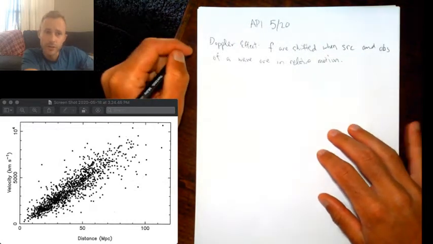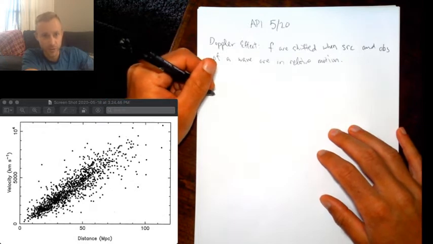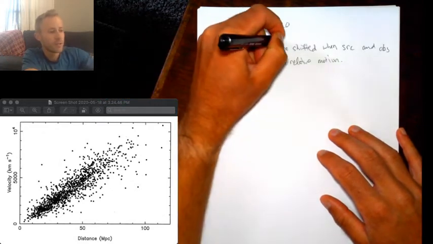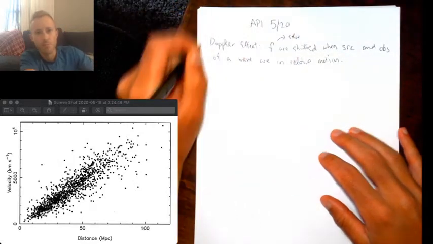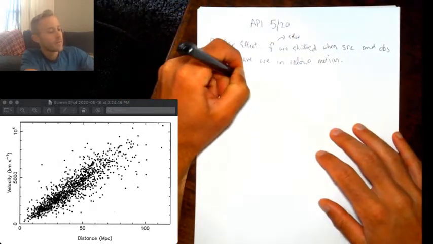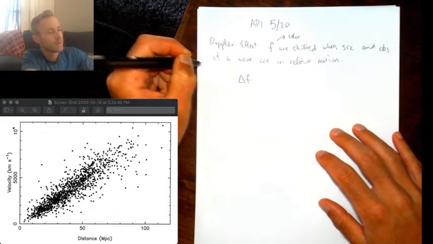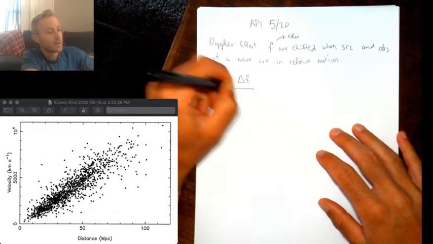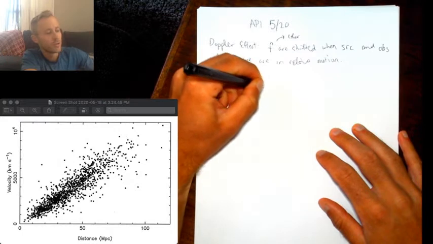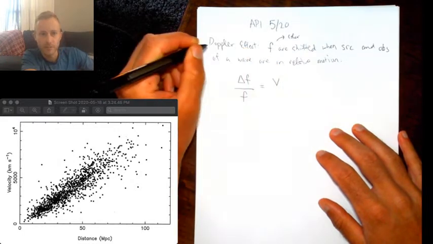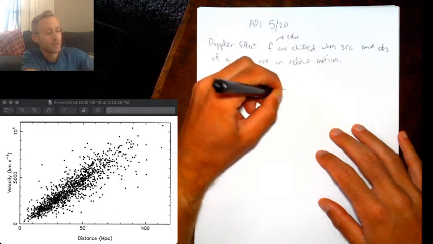So now I would like to give you a formula for how much the frequency is shifted. And remember, frequency is basically the same thing as color. So the amount that the frequency is shifted, delta F, divided by the original frequency that is emitted, is equal to the speed of the object divided by the speed of light.